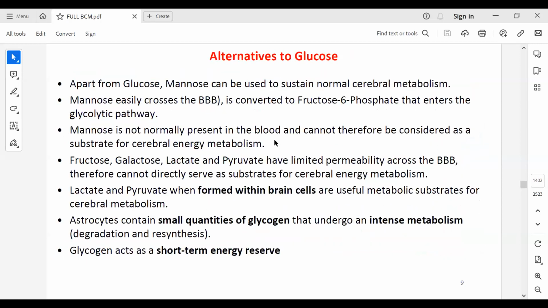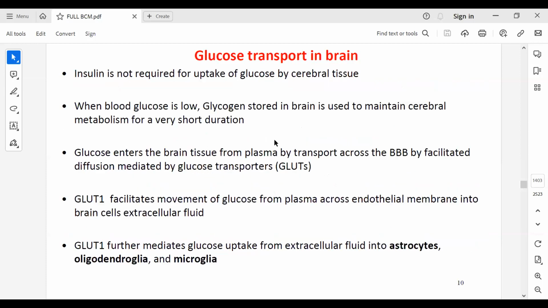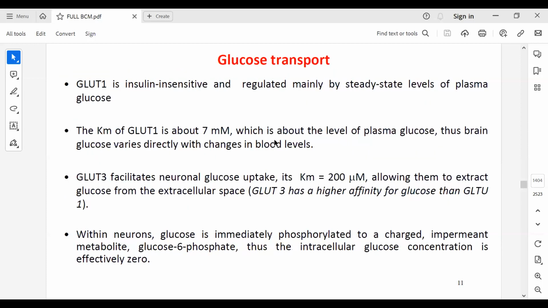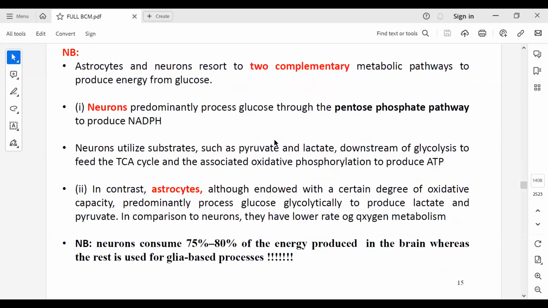So let's talk about metabolism in the brain. I want to take you guys to somewhere so that we can cover everything at once.